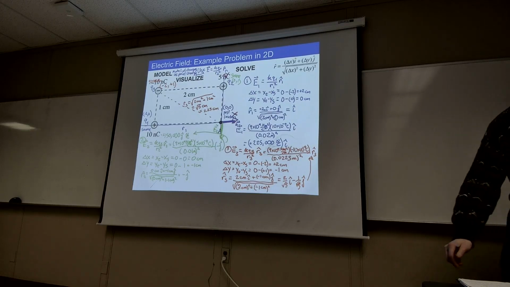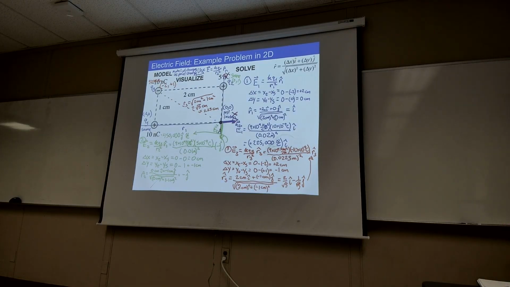Let's see. I'm going to have to squeeze this in over here. I got E3 was equal to 161,000. Erase. Here we go. Let's start again.